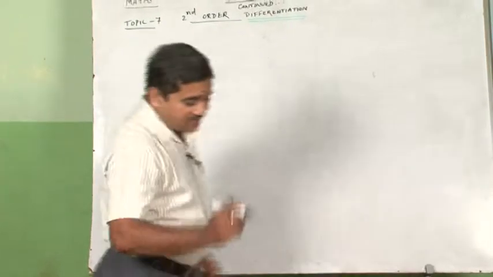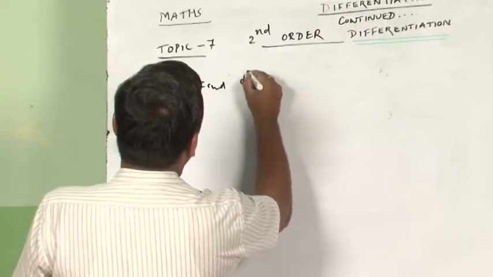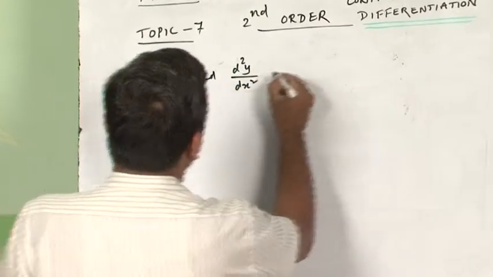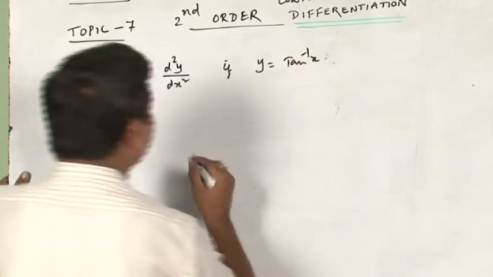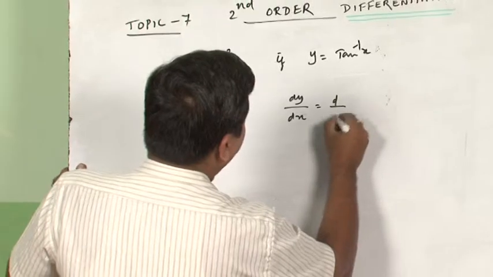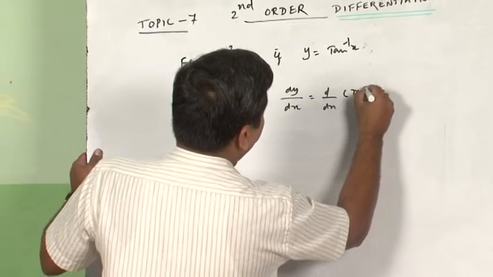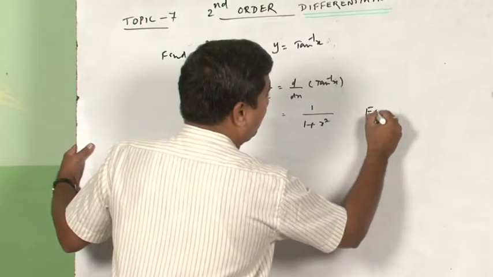Say for example, find d square y by dx square if y is equal to tan inverse x. First you differentiate the given function, d by dx of tan inverse x. d by dx of tan inverse x is what? 1 upon 1 plus x square, the first order derivative.